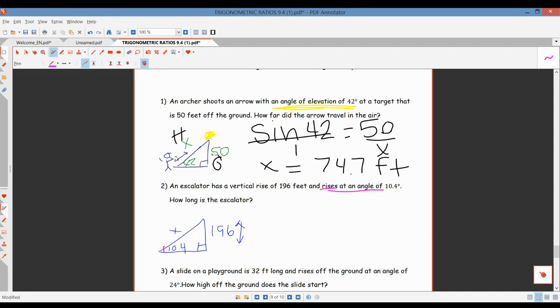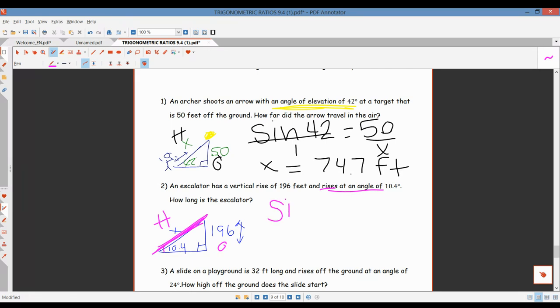And then they want to know how long the escalator is. The length of the escalator, we all know we've seen an escalator. We're going on that diagonal. So now we're going to label depending where that 10.4 is. So x is my hypotenuse. And that 196 is my opposite. So we have another sine problem.